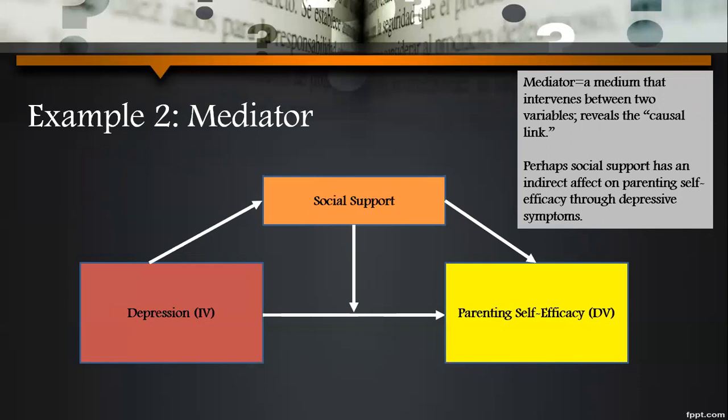In other words, perhaps depression influences social support, and then in turn, social support influences parenting self-efficacy. So rather than just looking at the direct relationship between depression and parenting self-efficacy, including social support as a mediator helps us understand the underlying mechanisms or the causal link that explains this relationship between depression and parenting self-efficacy.